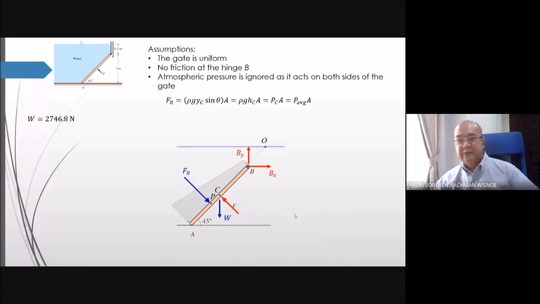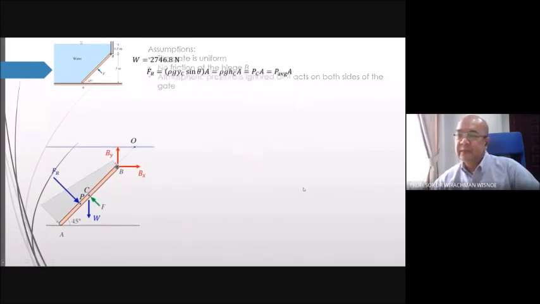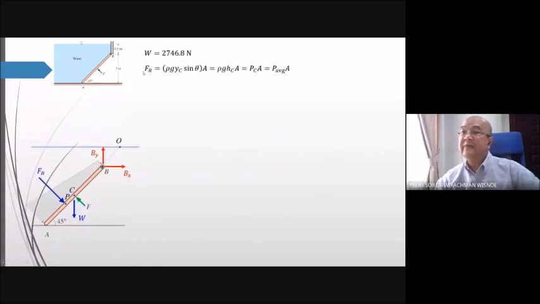So we don't need to consider Ay anymore because we are talking about the gate when it starts to open. Here we have the weight and then we have the equation to calculate Fr. Having this to calculate F, of course, later we are going to apply the static equilibrium equation. In that case, we are going to use the equilibrium of moment about point B.